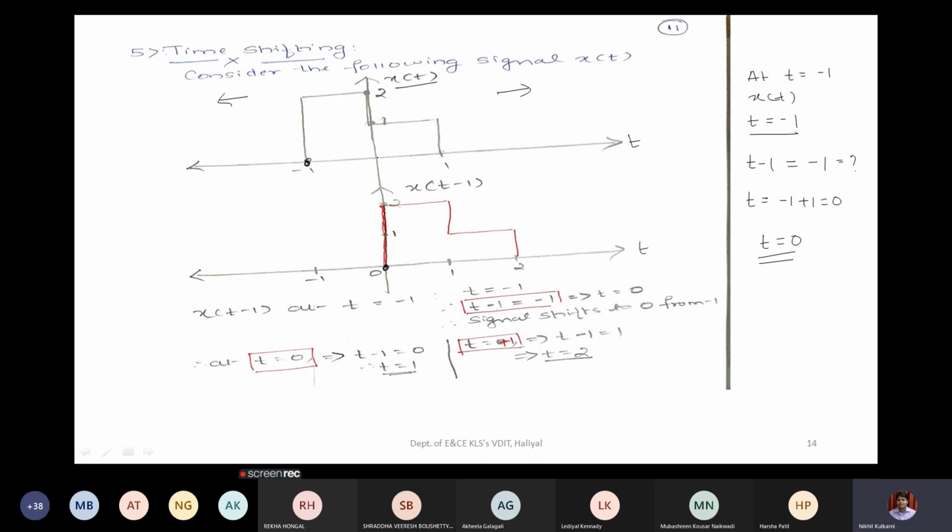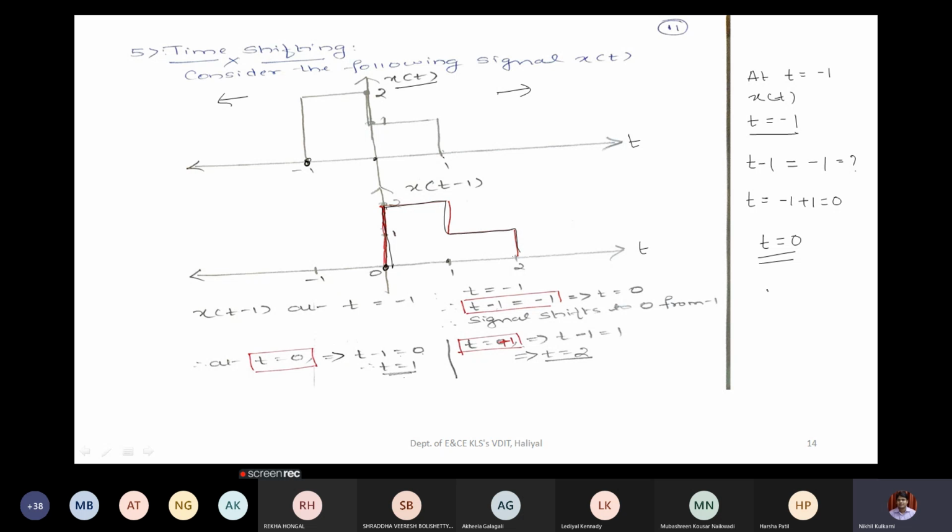Similarly, if you put t equal to 0, then t minus 1 will be equal to 0. Whatever was there in the original signal at 0 is going to shift to t equal to 1. If you put 1, it will be 2. So the signal is shifted towards the right side.